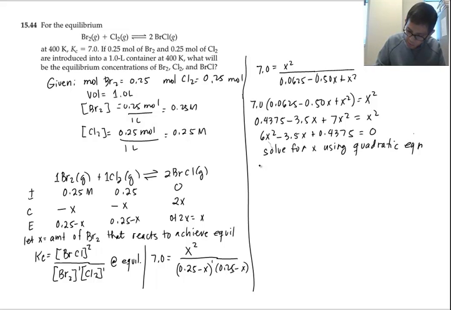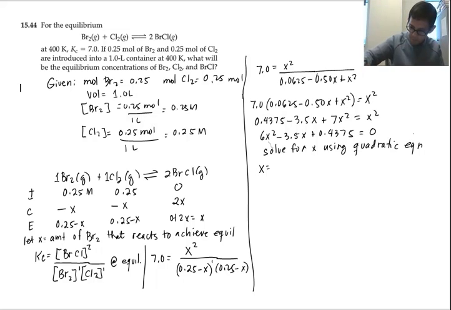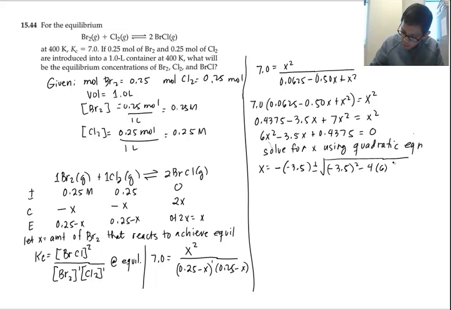Okay, so x is negative b, negative 3.5, plus or minus the square root of b squared, negative 3.5 squared, minus 4ac, 0.4375, all over 2 times a.